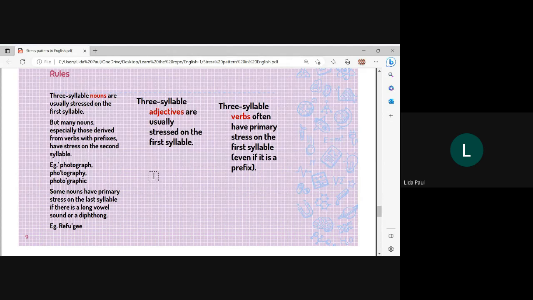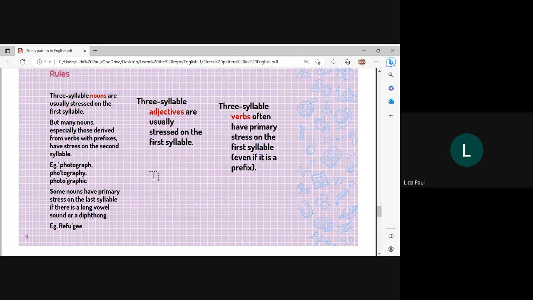So this is one slight difference between the rule for verbs with two syllables and the one with three syllables. But the good news is verbs with three syllables are not that many in number. They're very rare. You have just a few of them.